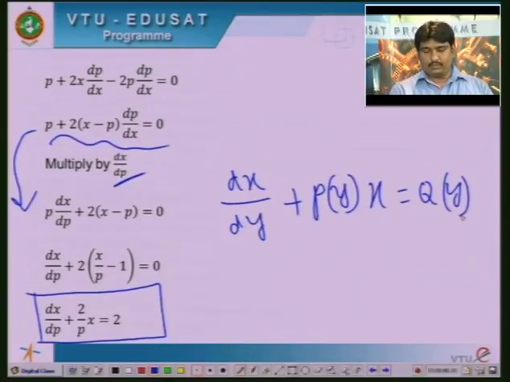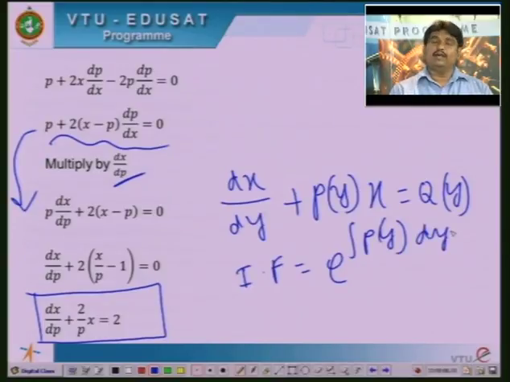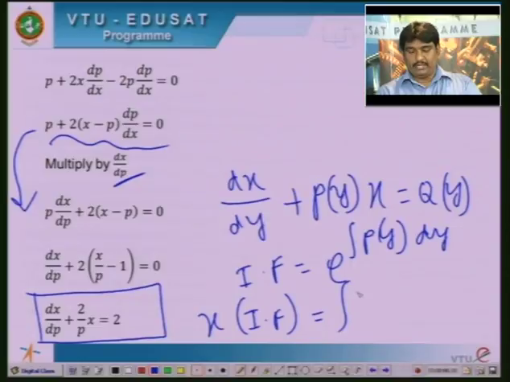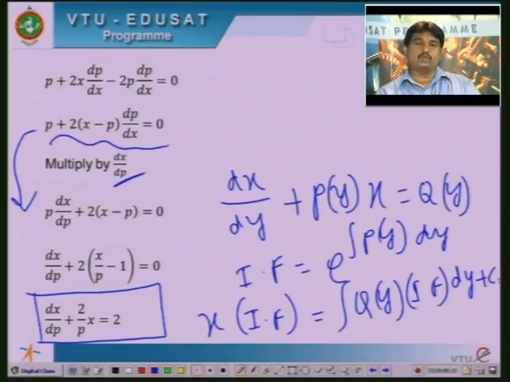You can find its solution by finding the integrating factor. Integrating factor is e to the power of integration of P of y into dy, and then its solution is dependent variable into integrating factor equals to integration of right hand side into integrating factor with respect to independent variable plus some constant c. Now let us solve this.